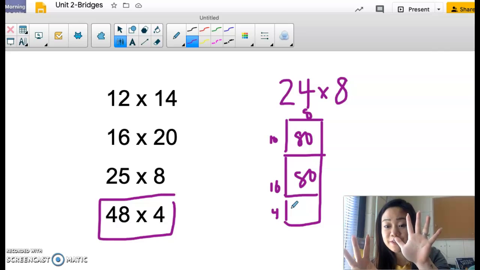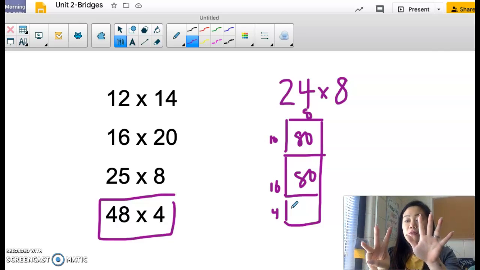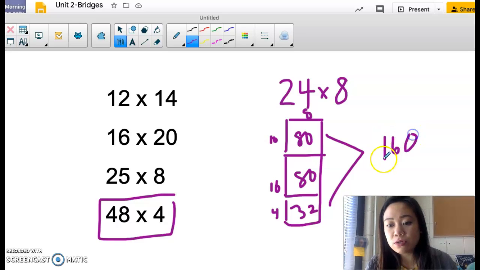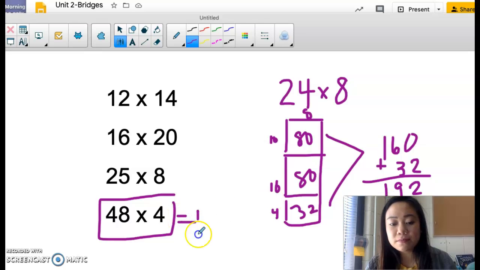Got 8 fingers up because it's 4 times 8. 4, 8, 12, 16, 20, 24, 28, 32. If I add them all up, it is 160 plus 32, which is, start at the ones, 192. Okay, so I showed my work, which is good.